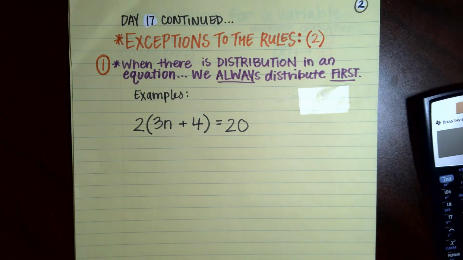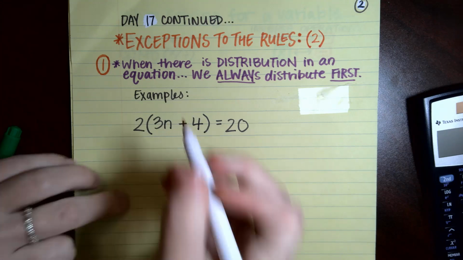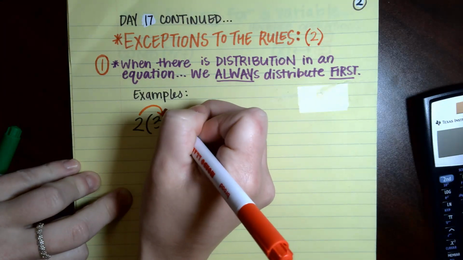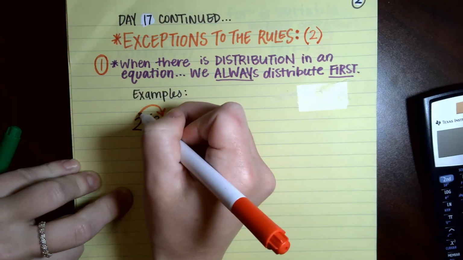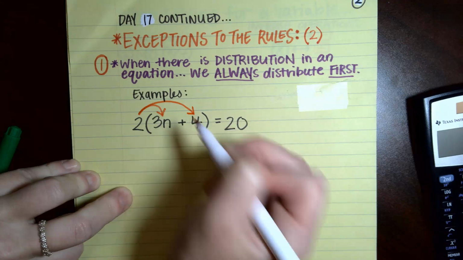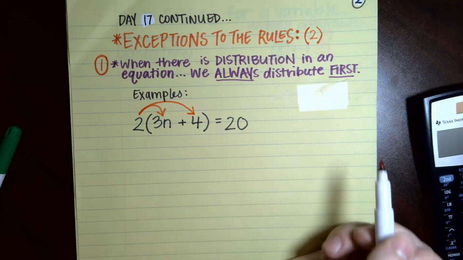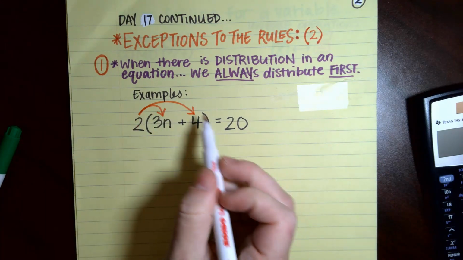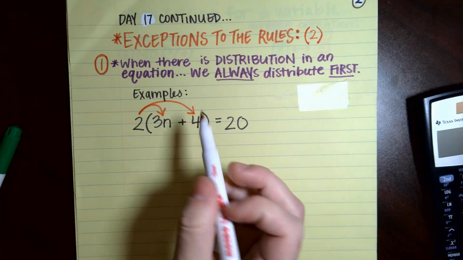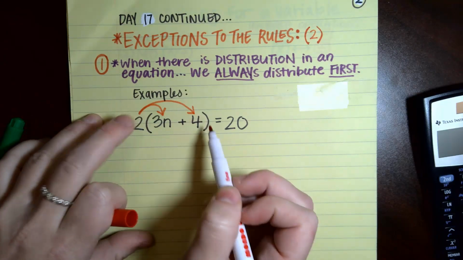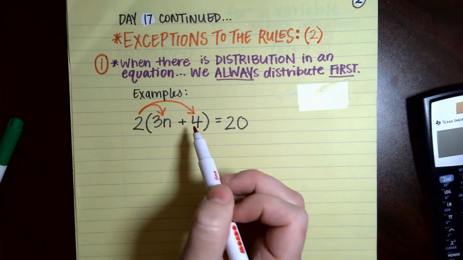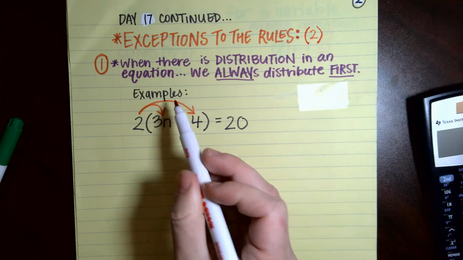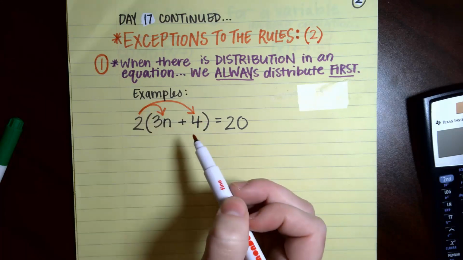What I'm really going to be doing here to solve this is multiplying 2 times 3n, and multiplying 2 times 4. We need to do this first because whenever we have a set of terms inside of parentheses, we can't move these around until the parentheses is gone. So to get rid of parentheses, we distribute.